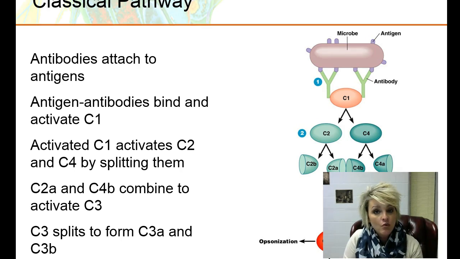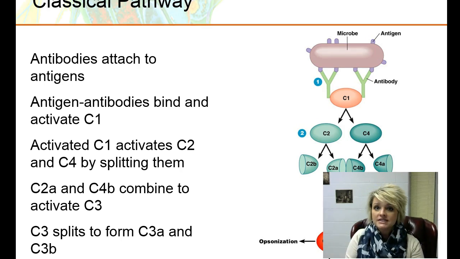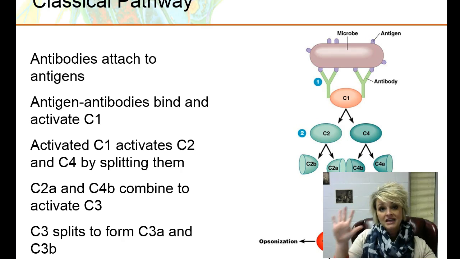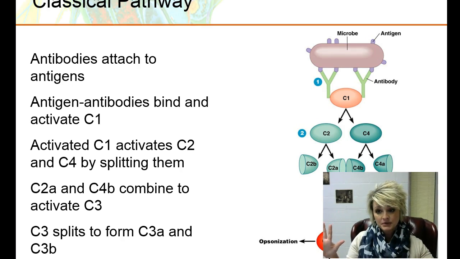Remember, antigens are foreign. They're found on things like microbes. Well, when the antibody and antigen come together, that automatically activates C1. When C1 gets activated, that automatically activates C2 by splitting that into C2b and C2a, and C4 by splitting that into C4b and C4a.